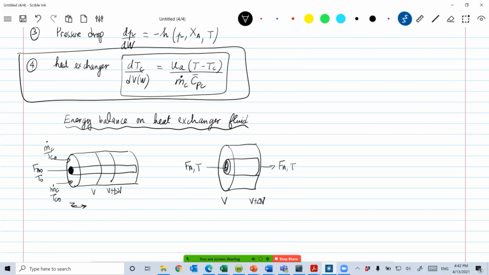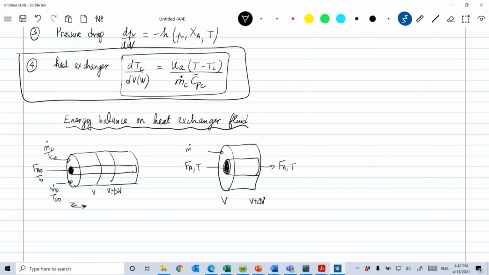That's the reactor. Then for the heat exchanger fluid, we have mass flow rate coming in at some enthalpy, and mass flow rate coming out at some enthalpy.